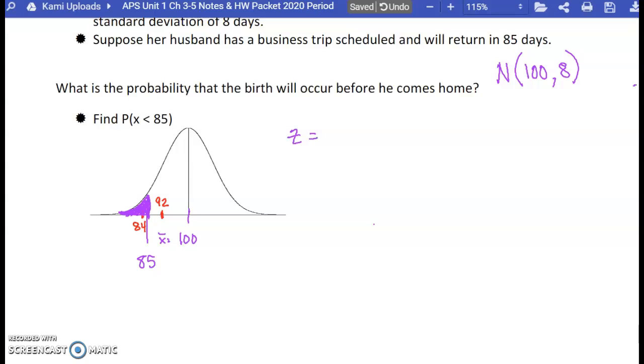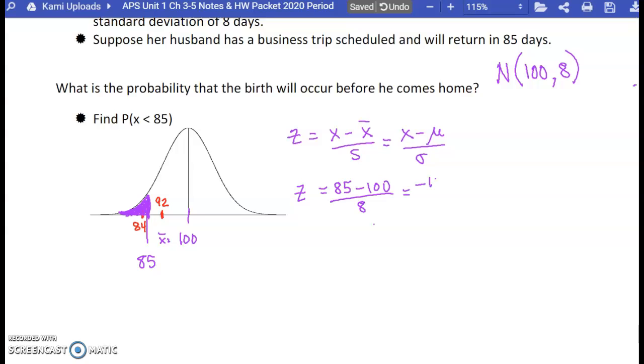The form for it is x minus x bar over standard deviation, or if you're using population data, x minus mu over sigma. Same thing. In this case, our z-score is 85, minus the mean of 100, divided by the standard deviation of 8.